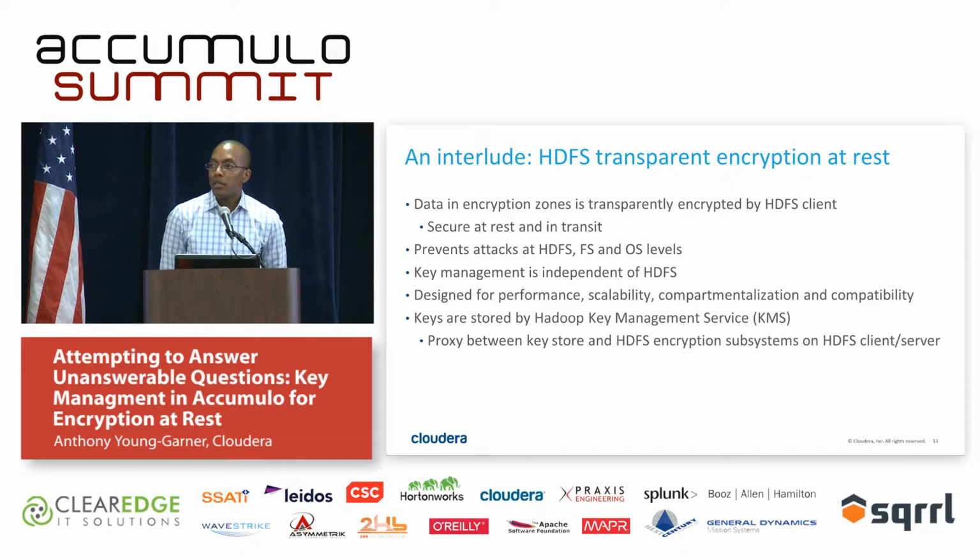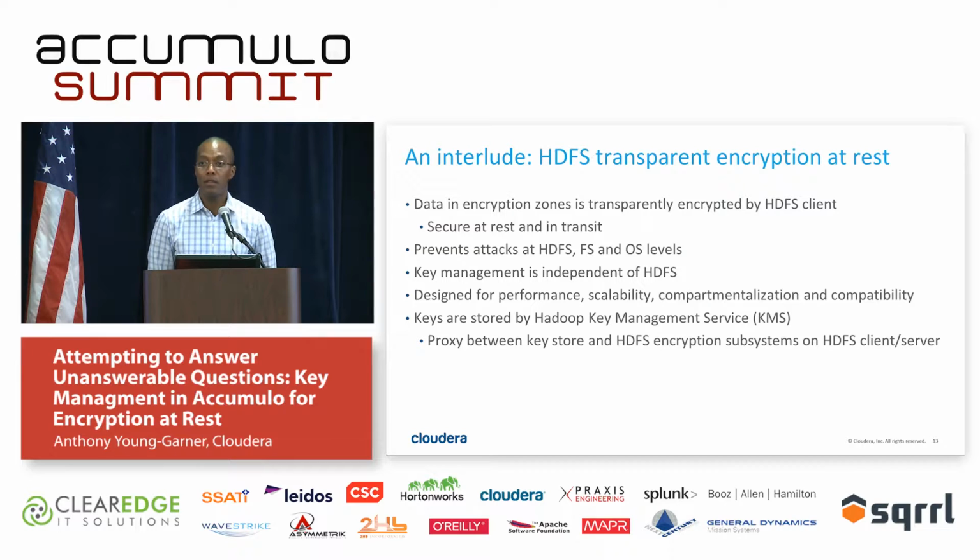What I have worked on since I've come into the Hadoop ecosystem, almost a year ago when Cloudera acquired the company that I work for, is HDFS transparent encryption at rest. Accumulo introduced encryption at rest before base HDFS did, but last summer in Hadoop 2.6, we did release HDFS transparent encryption at rest.